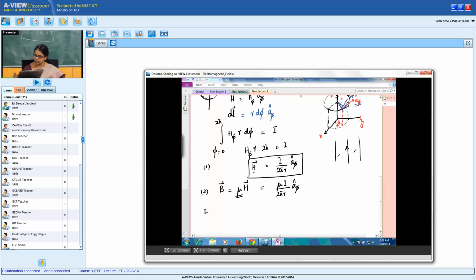Now the next job, third job, is to find the magnetic flux. How do I do that?